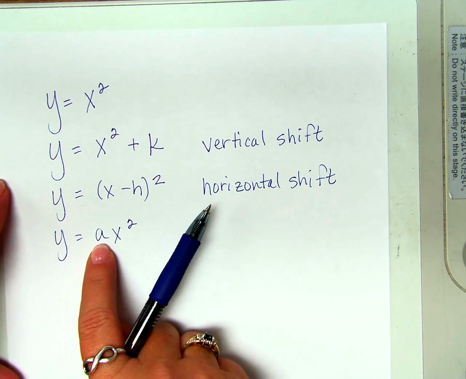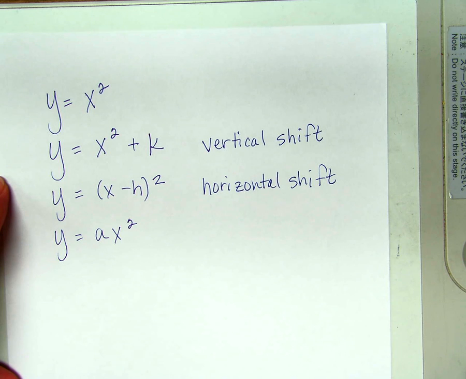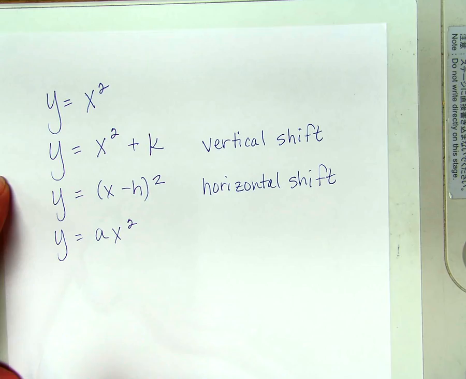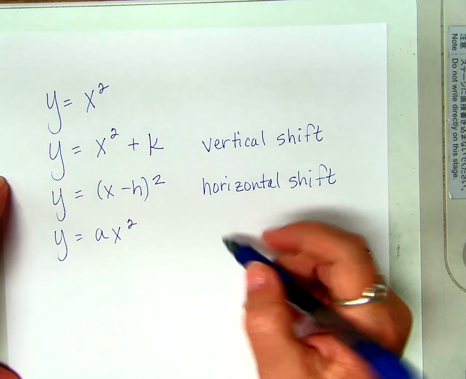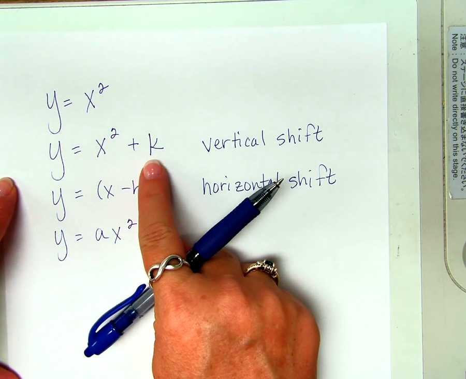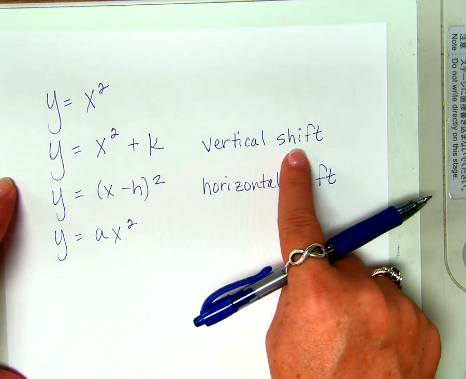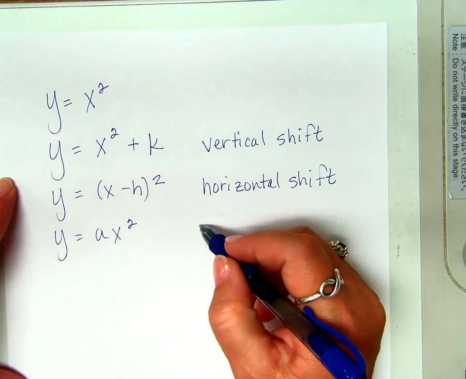Okay? When you have a multiplier, tell me, is this A inside or outside of the function? Outside, right? Inside would mean it would be somewhere inside the square, right? It's outside the function. So how was this? This was outside of the function and it caused what? A vertical shift. This is going to cause something vertical.